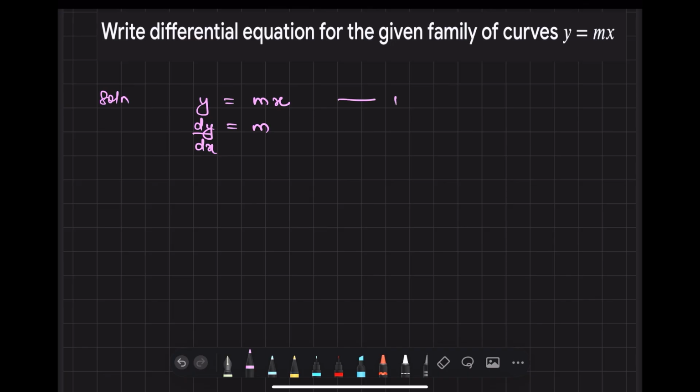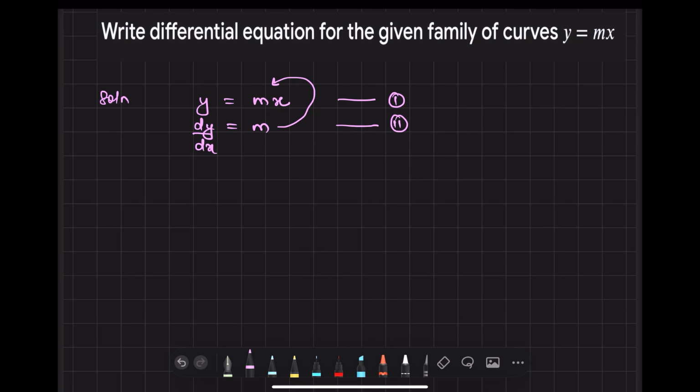So this was our first equation. Right now, because of differentiation, we got another equation, so two equations. Now we have to write down the final equation free from arbitrary constants. So what we will be doing is substituting the value of m from equation 2 into equation 1.